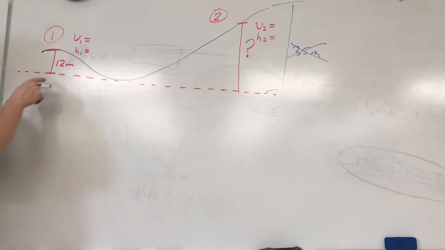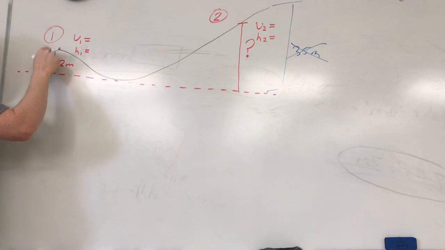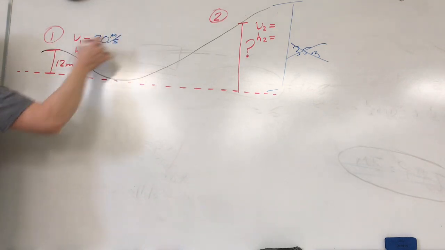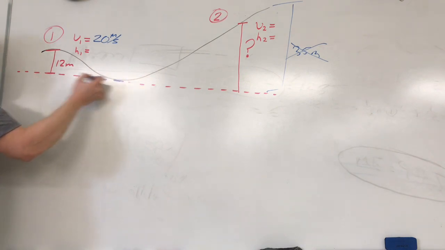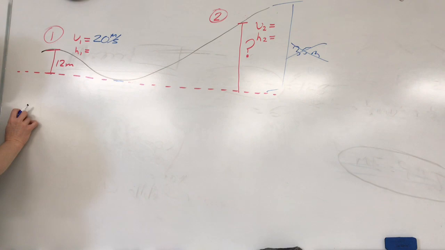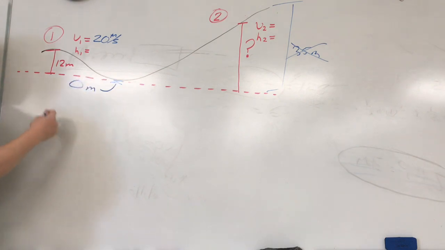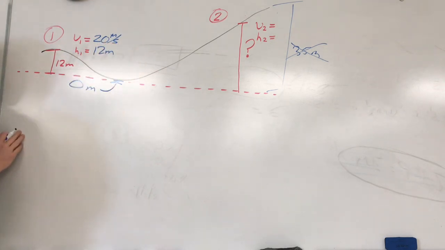So at location 1, how fast is the penguin doing a belly slide at the top of this hill initially? 20 meters per second. And if from the bottom of the hill to the top of the hill is 12, I'm going to make the statement that most people are probably going to say that my H1 is 12.